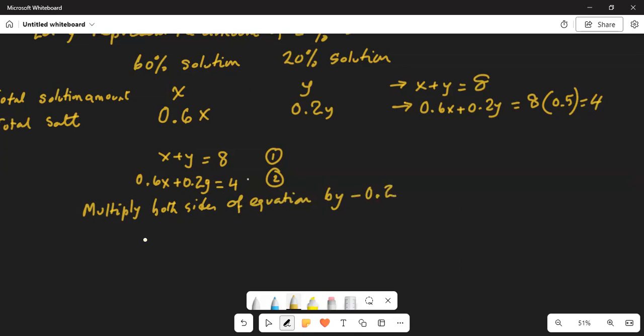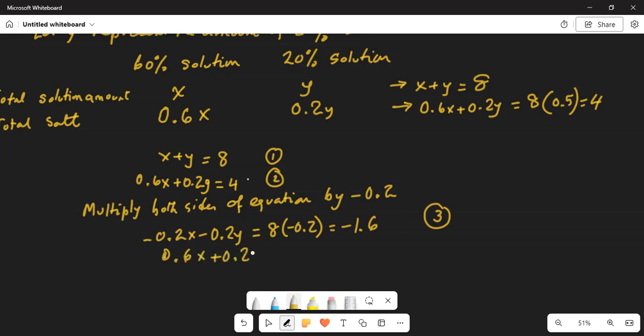So we get minus 0.2 times X minus 0.2 times Y is equal to 8 times minus 0.2, which is minus 1.6. Call this equation 3. So we have equation 3 and equation 2, which is 0.6X plus 0.2Y is equal to 4.